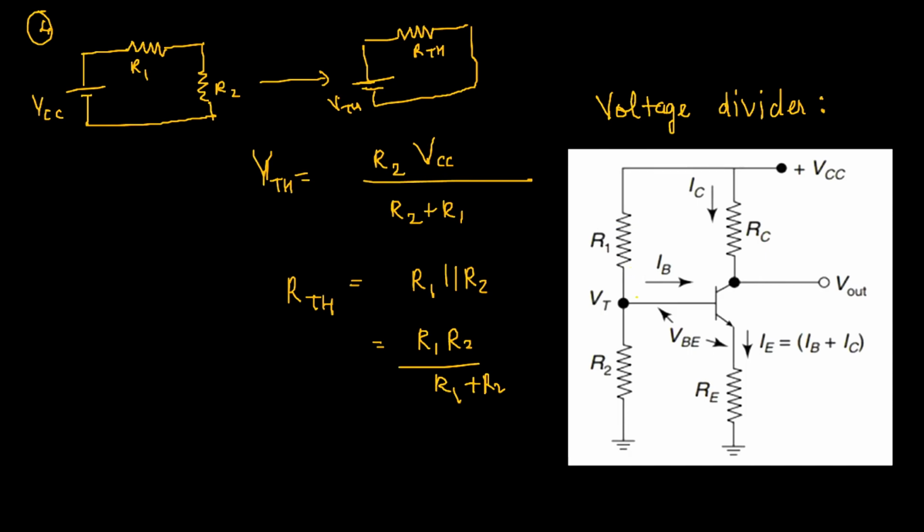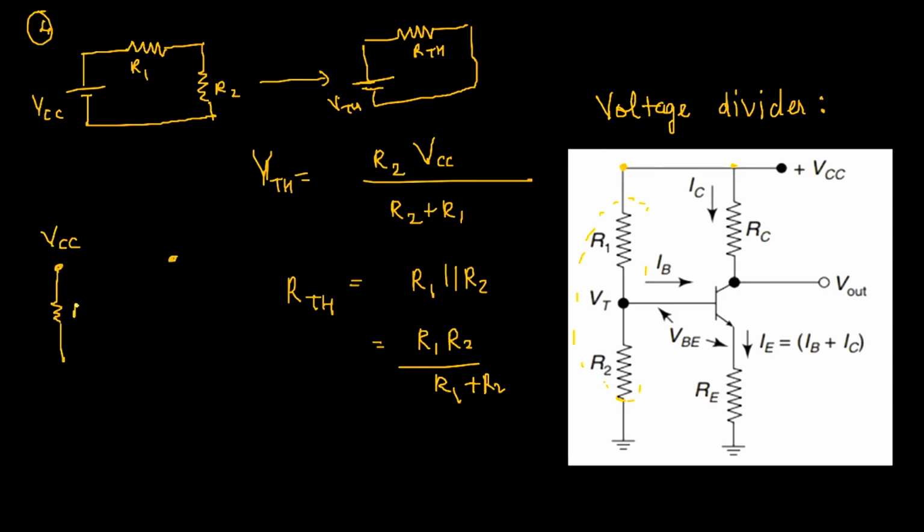So for that, we use Thevenin's theorem to reduce these two resistors down to one. Like you can see, VCC is the supply voltage and these two circuits are connected in parallel. So the first thing we do is we actually take VCC as two different inputs.